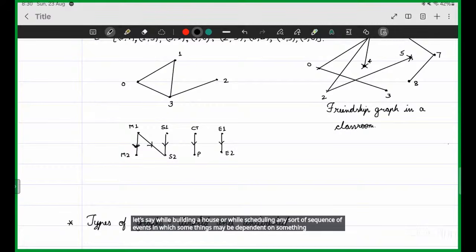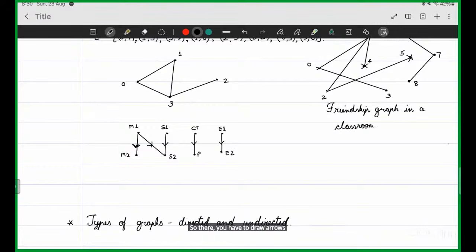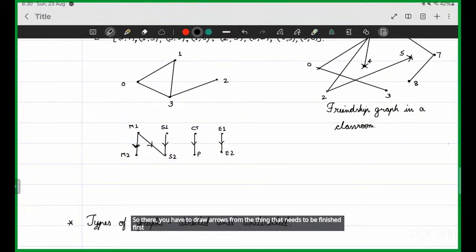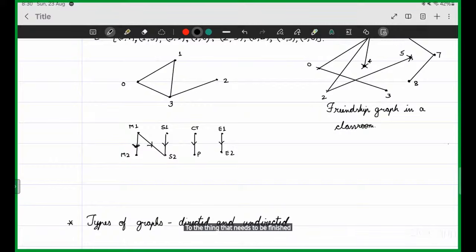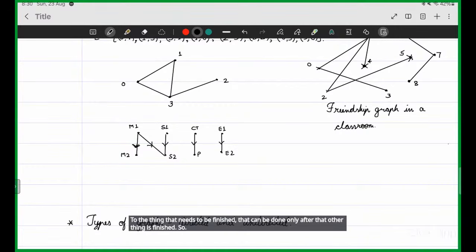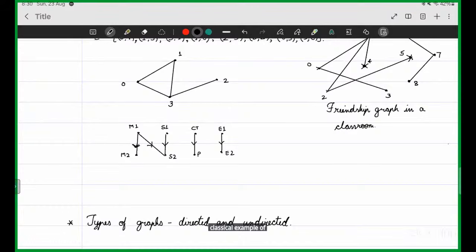There you have to draw arrows from the thing that needs to be finished first to the thing that can be done only after that other thing is finished. That is also a very classical example of a directed graph. Task dependency is what I'll just call this.